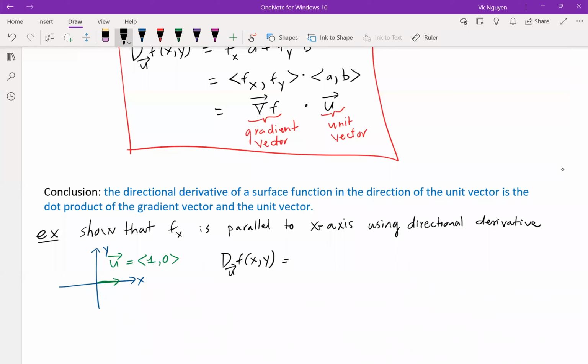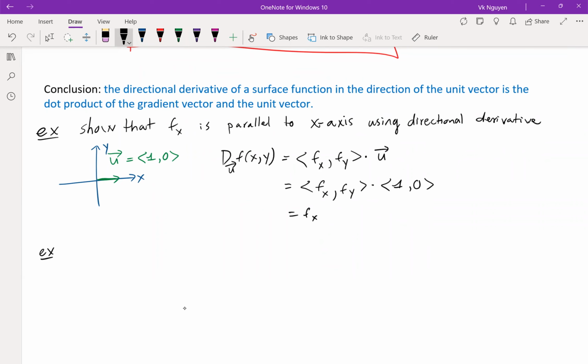So that will be the dot product of the gradient vector multiplied by the unit vector, (fx, fy) dot (1, 0). So just fx. How nice. Very short.